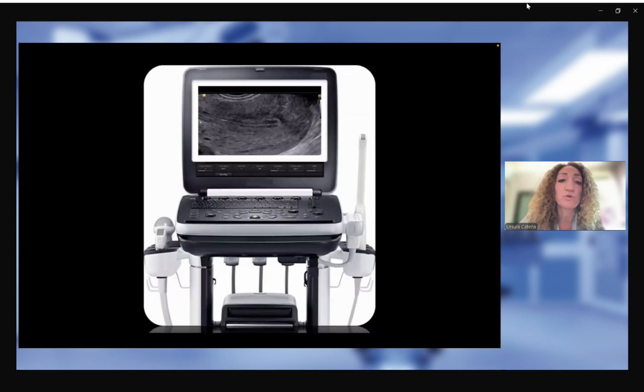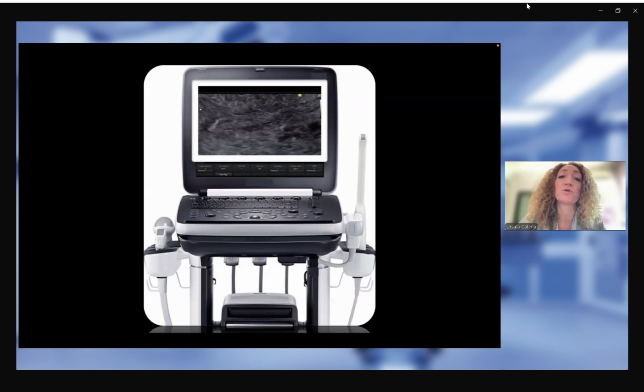I want to show a case. This is an ultrasonographic assessment of a patient sent to us for checking the uterine cavity for infertility. We can see that the endometrial line is quite okay.